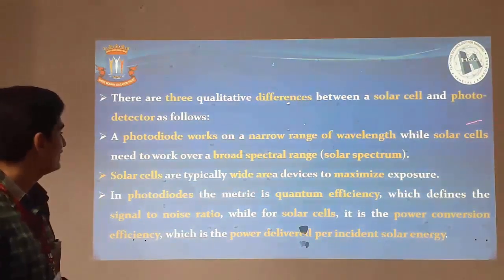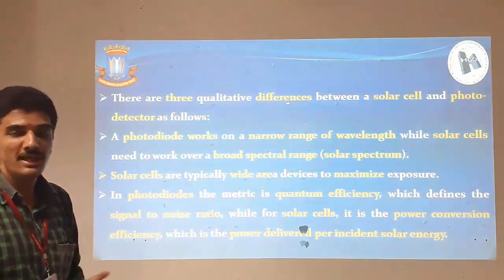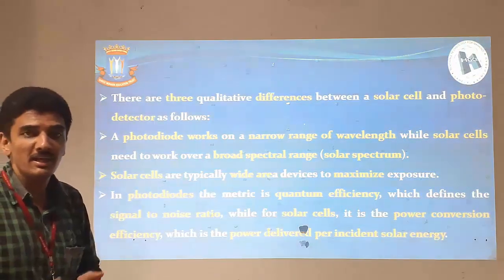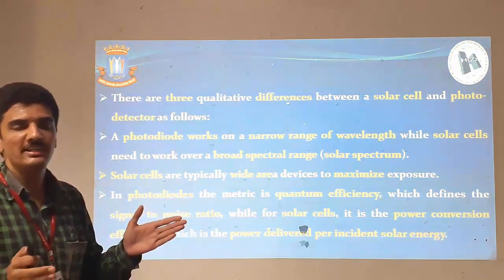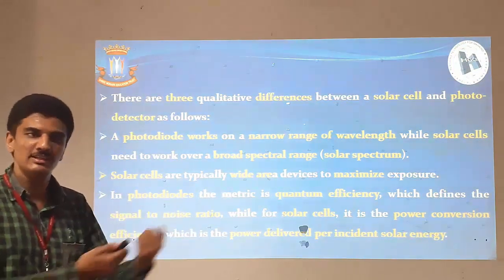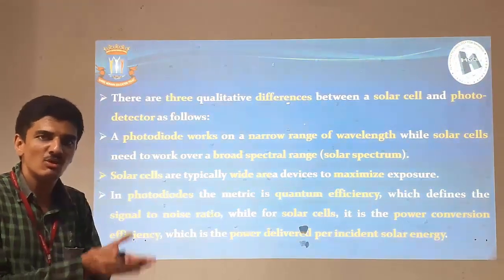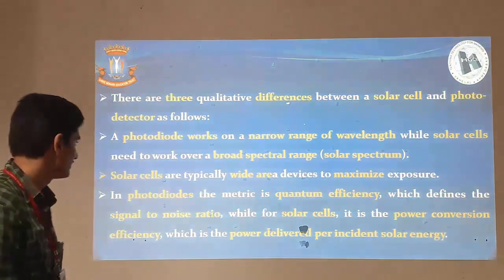While solar cells need to work over a broad spectral range that is known as the solar spectrum. Solar radiations exhibit a wide range of frequencies, and that's why the solar cells are designed in such a way that they can detect all types of frequencies of photon radiations.